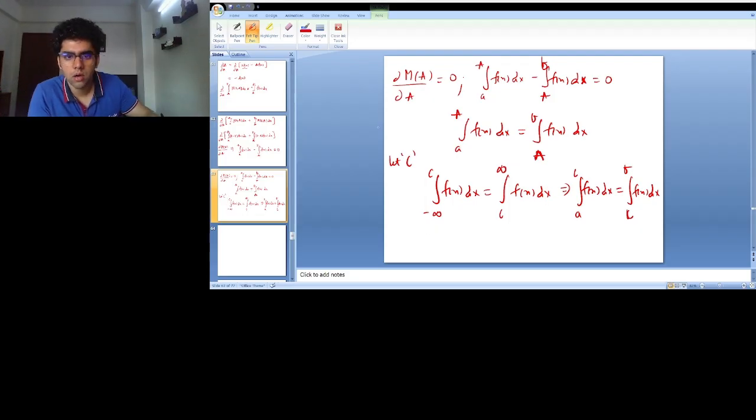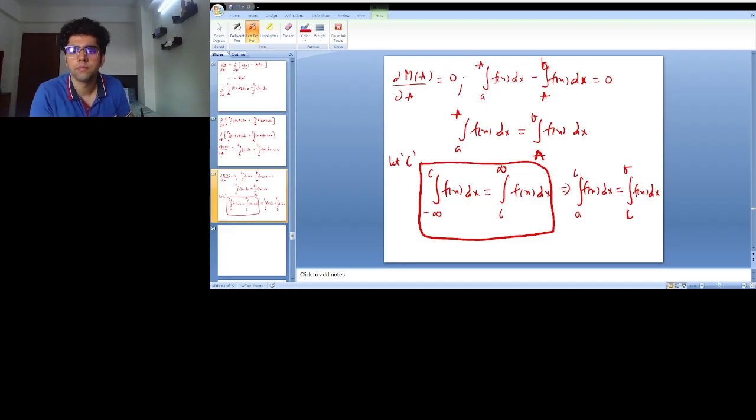where my lower limit is negative infinity and my upper limit is infinity. And in our case, our lower limit is small a and our upper limit is small b, right?